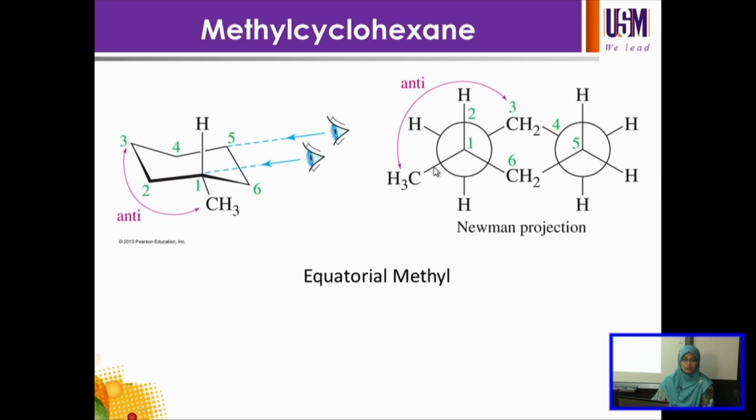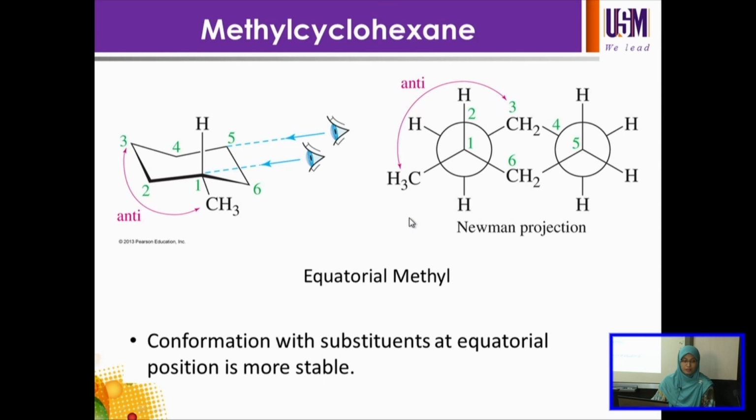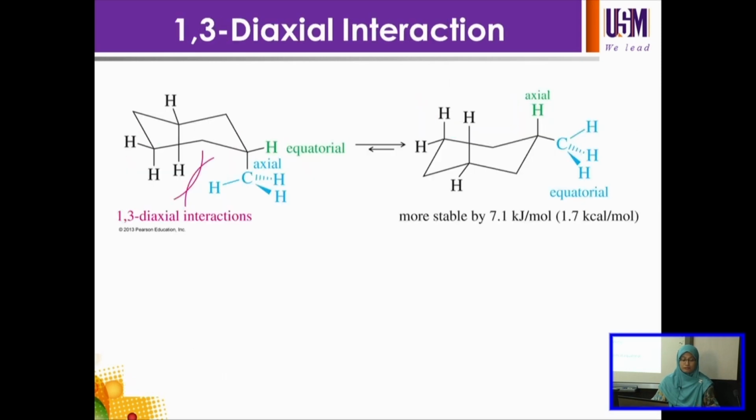In the Newman projection, the methyl group is further away from carbon number 3, which we call an anti interaction. So the conformation with the substituent at equatorial position is more stable because there is no interaction, and the methyl group has more room. This equatorial position has a lower energy compared to the axial position.